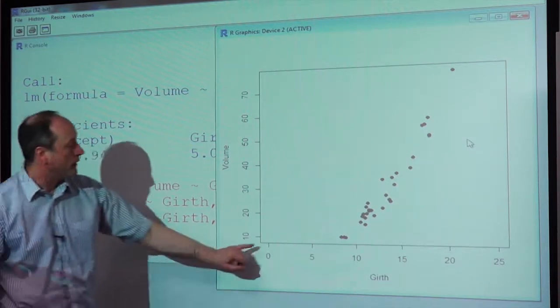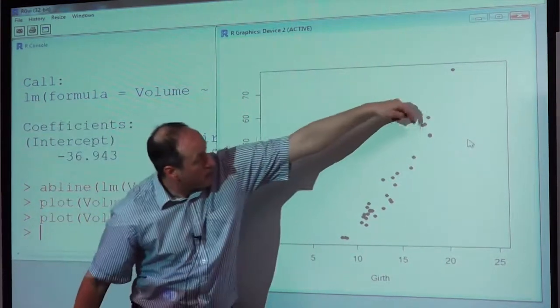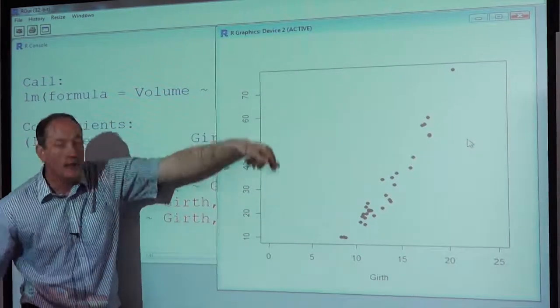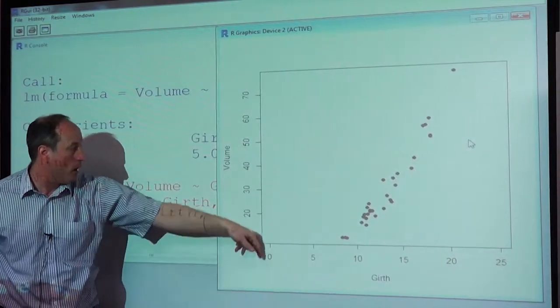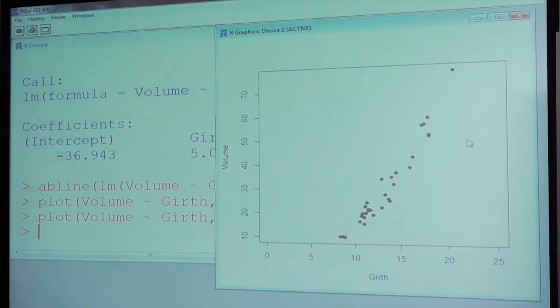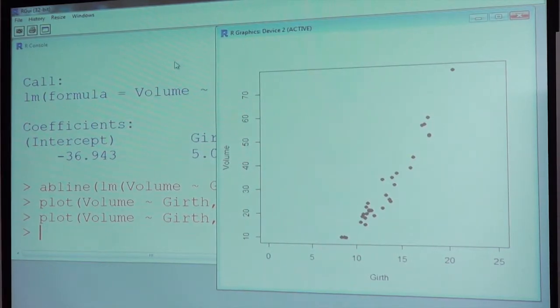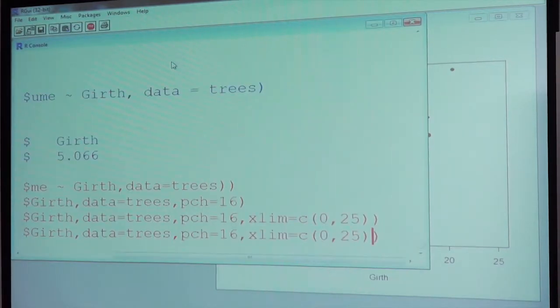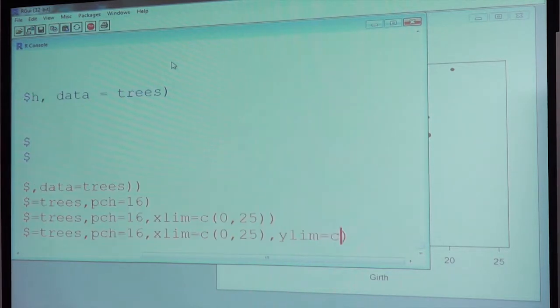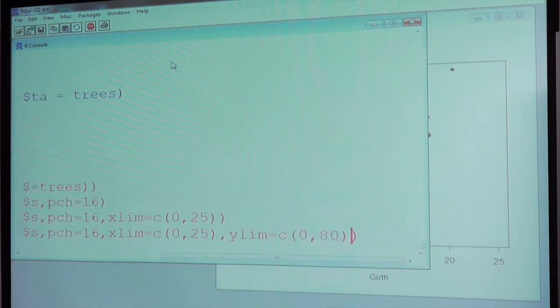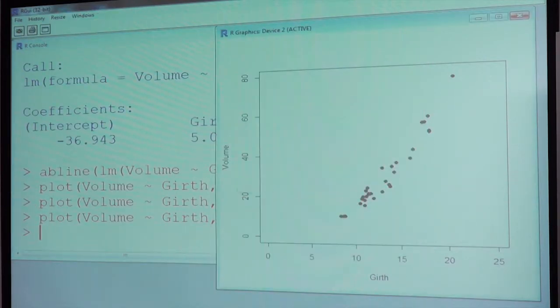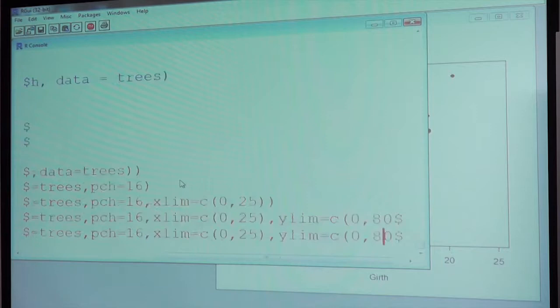Now you've got a very different picture. There's your zero girth tree. You can see that this line will intersect the y-axis at a very small value. I can change the y-axis as well, which I'll do now. Oh, it should be even smaller. What was it, minus 36?